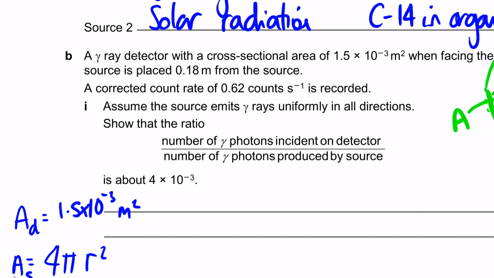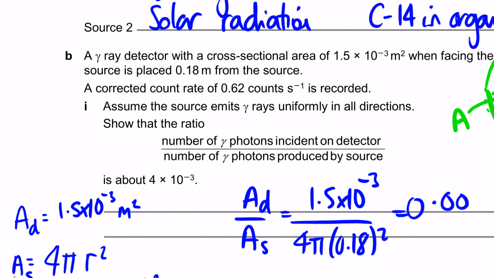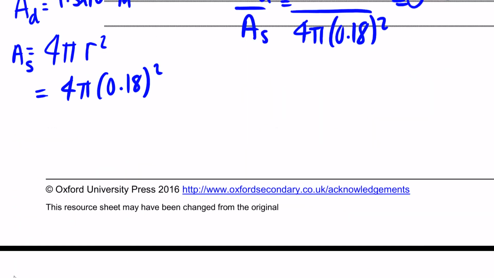Subbing in our number, we're going to get 4 pi 0.18 squared. The ratio of A_D over A_S is 1.5 times 10 to the minus 3, not minus 13, that'd be quite a bit smaller, over 4 pi 0.18 squared, which comes out as 0.0037, so around 4 times 10 to the minus 3. So we're just comparing the ratios of those there.